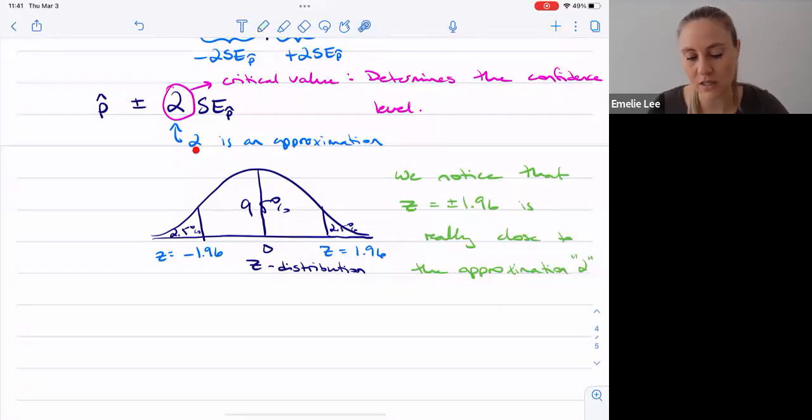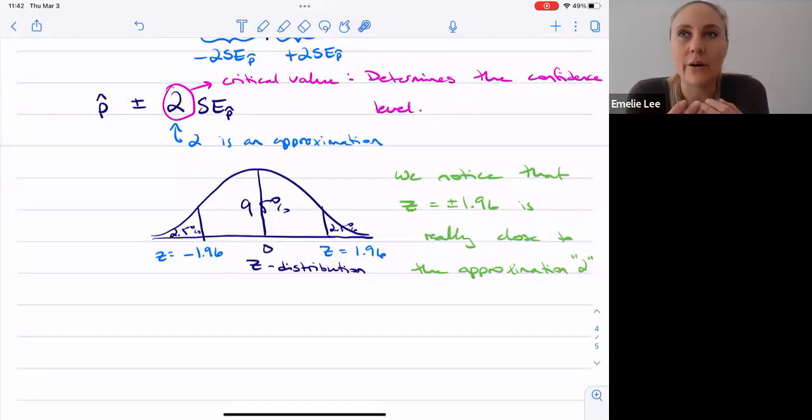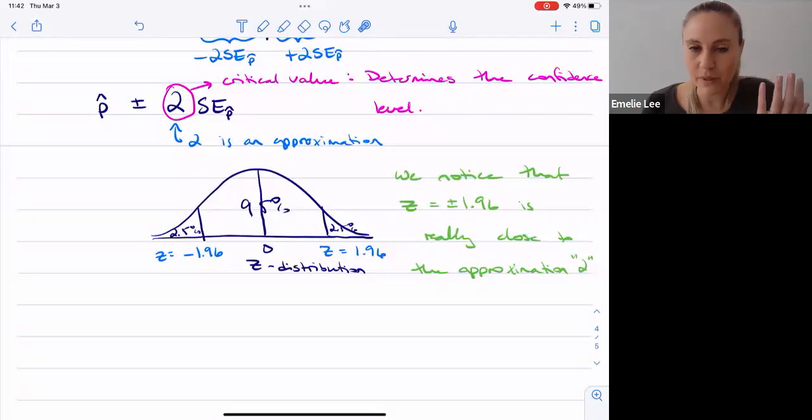So instead of using 2, we're going to be a little bit more proper and use 1.96, okay? You don't have to go through and find this, although I don't think it's that difficult. You have the skills, you can do it, but you're not going to have to go through and use the Z table every time, okay?